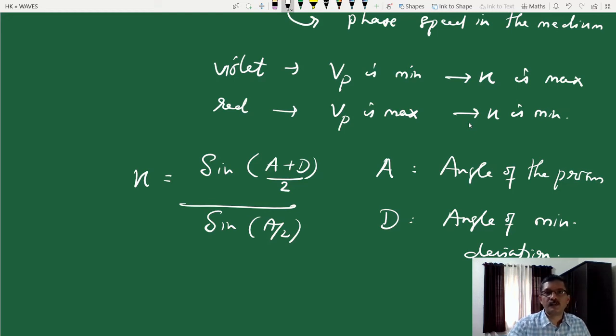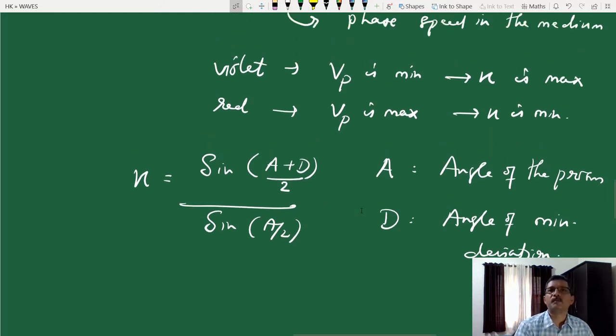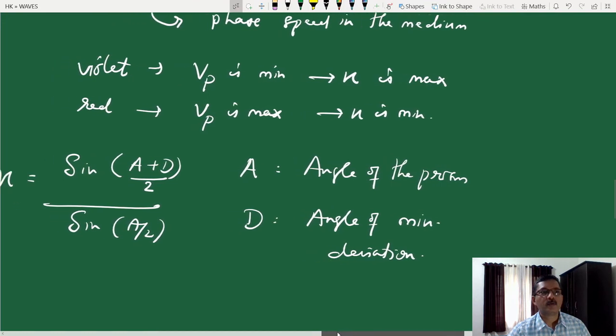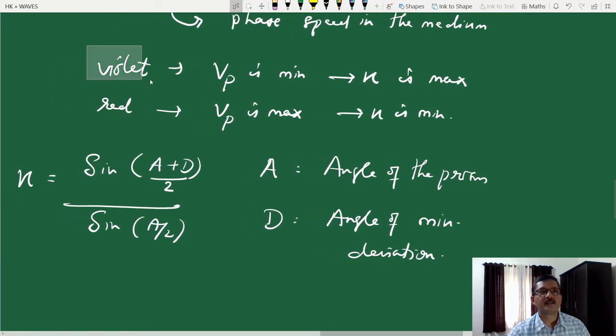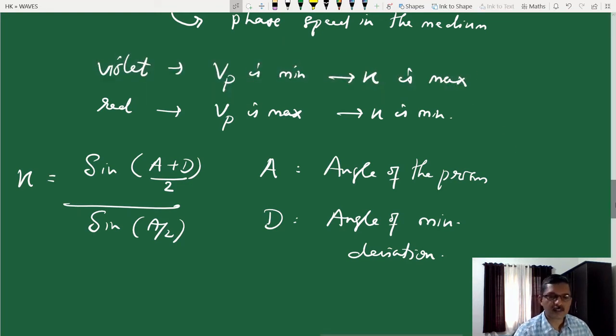This can be derived from Snell's law. So refractive index is equal to sine (A plus D) by 2 over sine A by 2. If refractive index is maximum, then deviation is also maximum. In white light, violet has minimum phase speed and maximum refractive index. Then what about deviation? Deviation is also maximum.